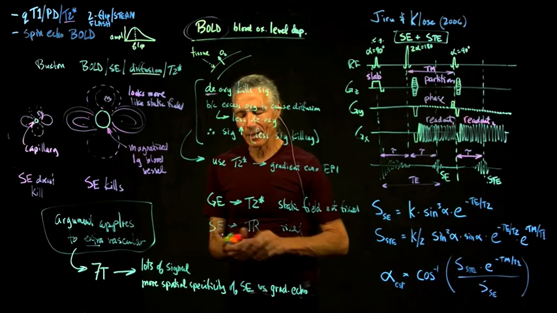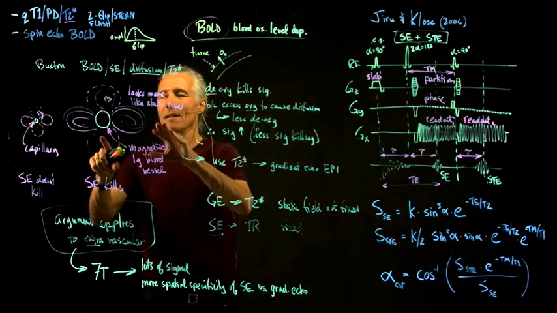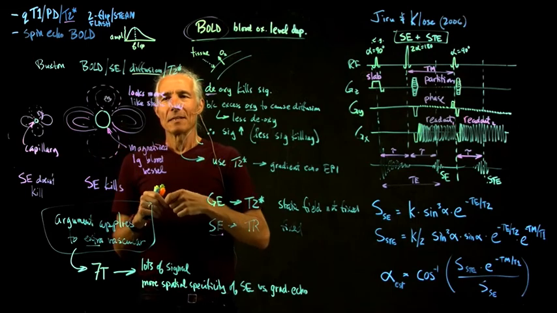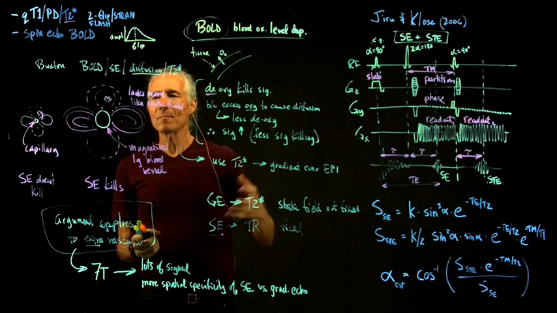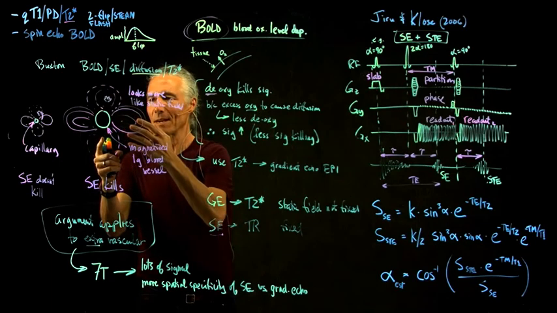I admit this is kind of a tortured argument, but it gives you some idea of the complex mapping between the actual signal recorded in the fMRI and how it's coming out of the brain.